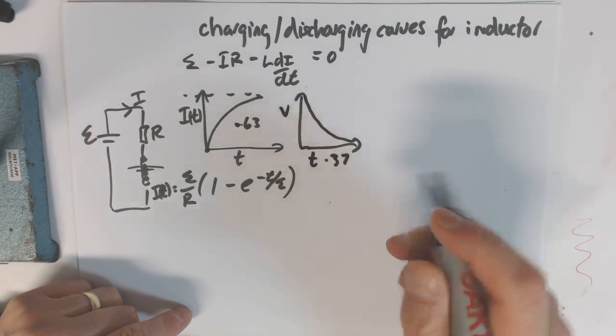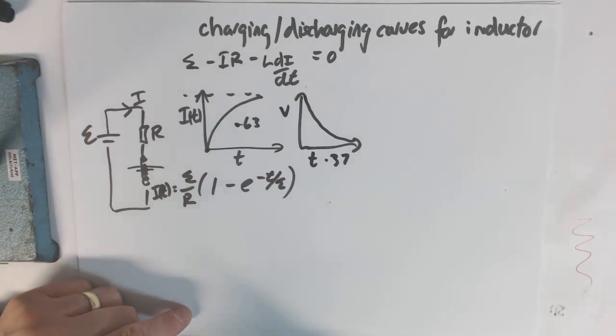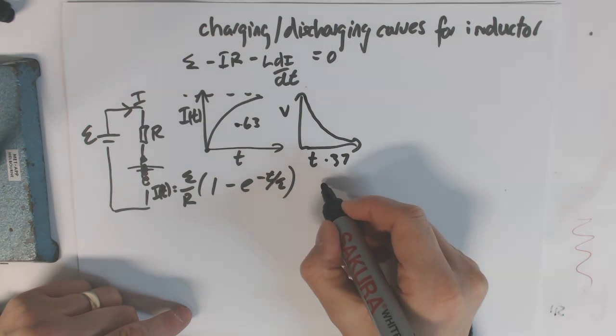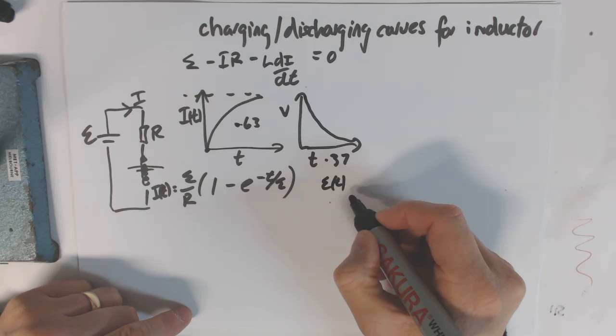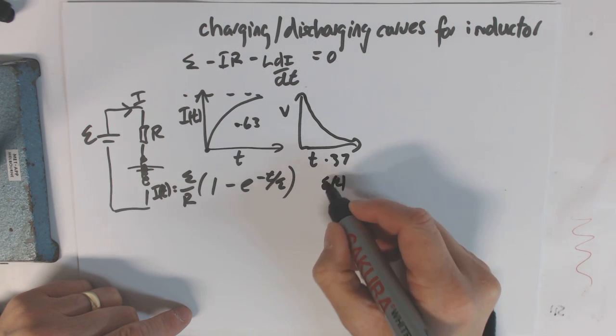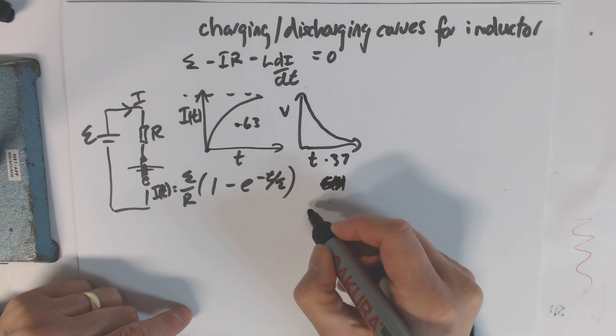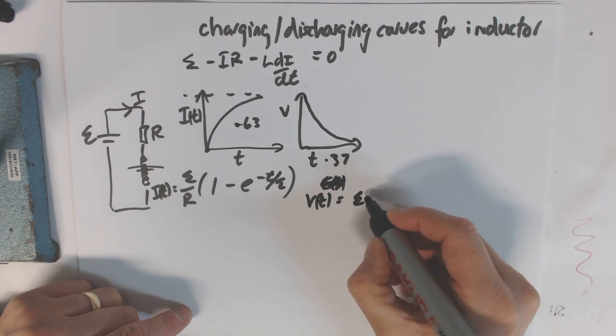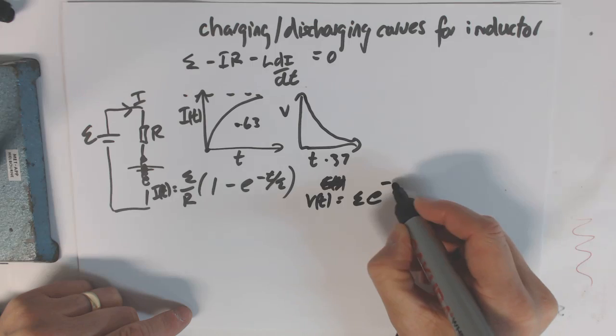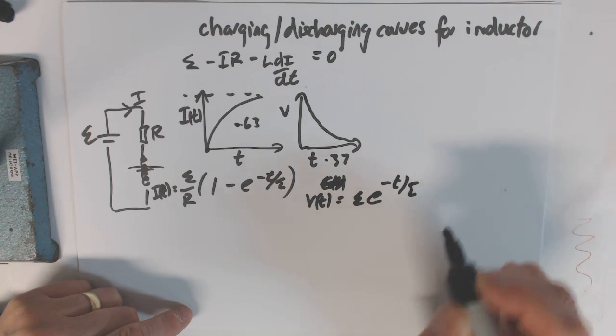This is voltage against time. Voltage, this is voltage in the inductor, not the supply. Starts off high and goes low. So we want to know the voltage across the inductor as a function of time, which is going to be equal to E times e to the minus t over tau.